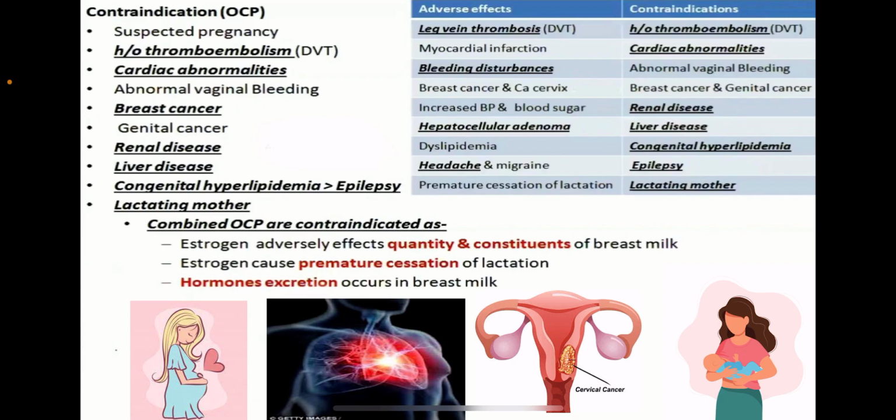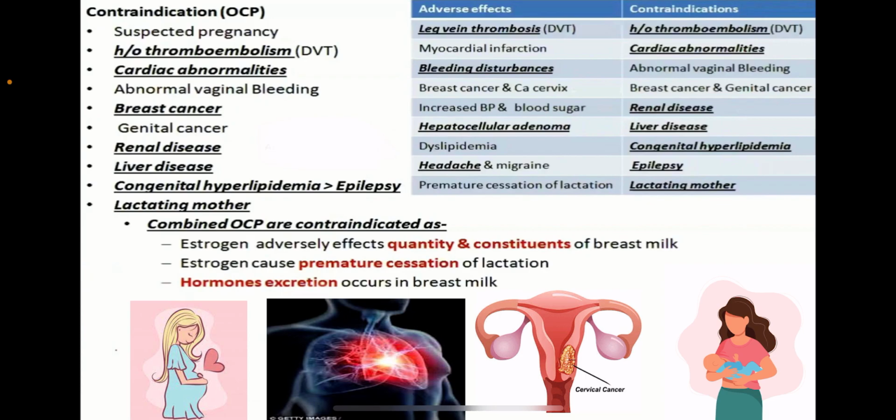Lactating mother. We see that in lactation, the preparations containing a high amount of estrogens will adversely affect the quantity as well as the constituents of the breast milk. So lactating mother is a contraindication. Why? Because it adversely affects the quantity and constituents of the breast milk.